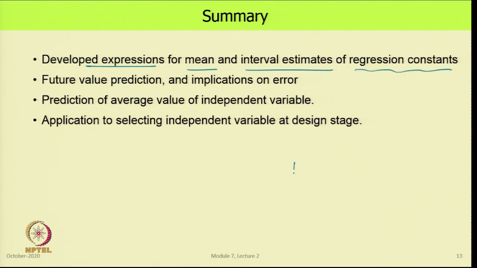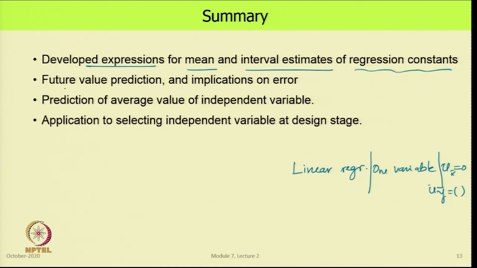We are restricting our discussion to linear regressions in one variable and with u x bar equal to 0, but u y bar is finite. So, we got all the relations for that.